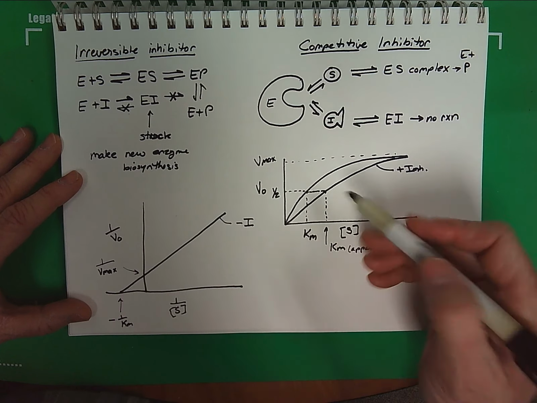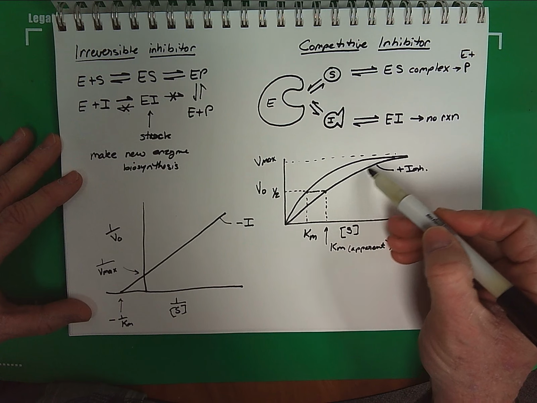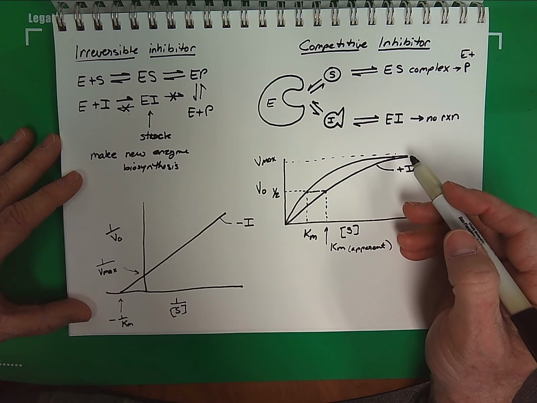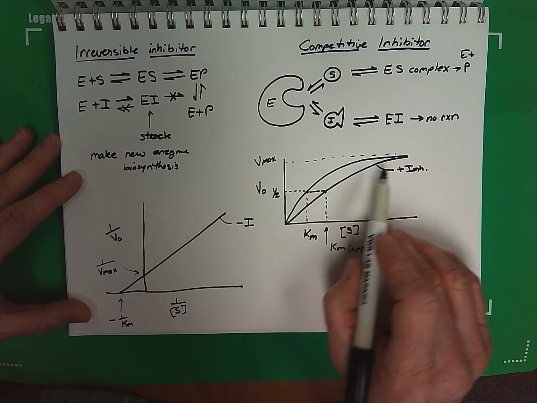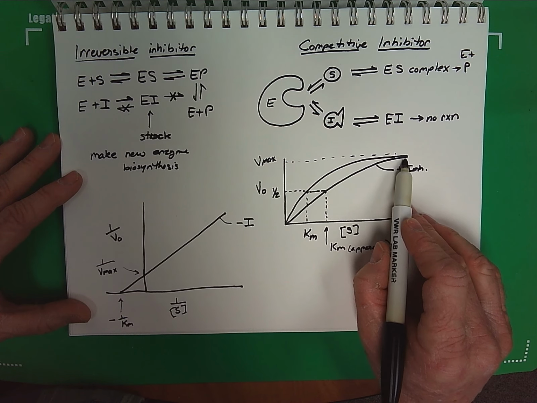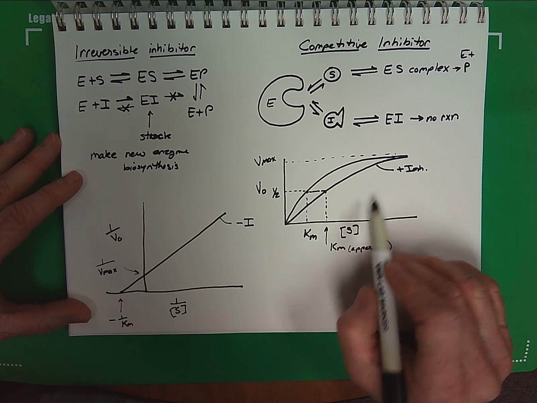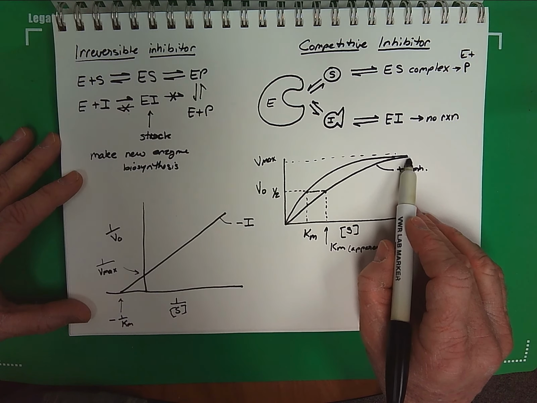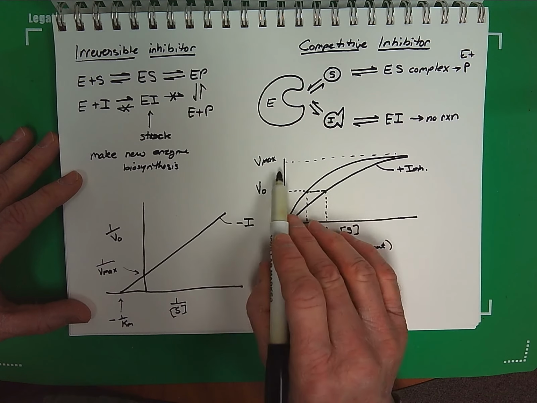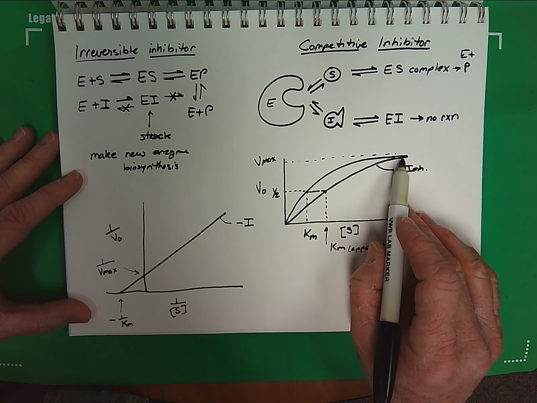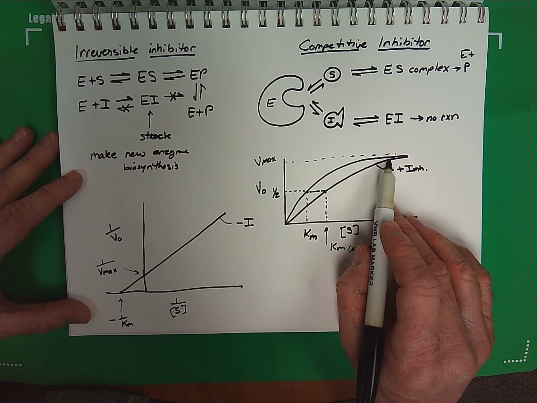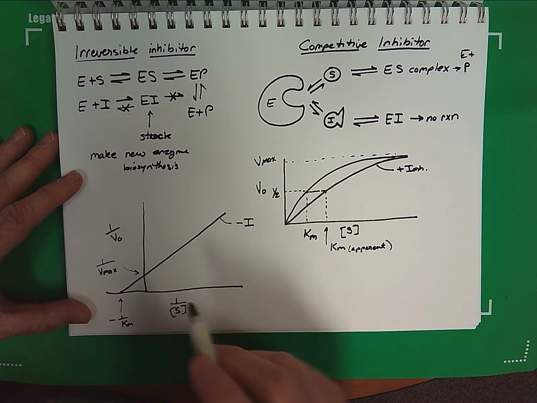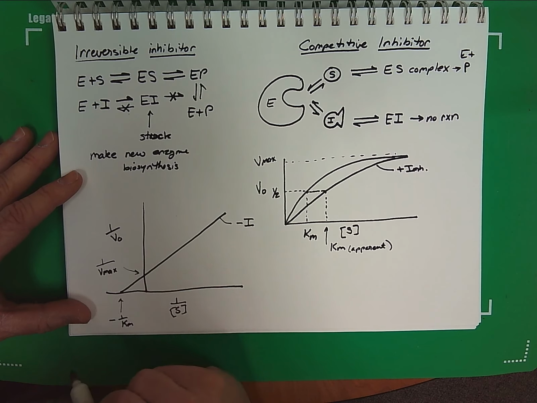Now if we do a double reciprocal plot on the curve here with inhibitor, this is going to look a little differently. Notice that with inhibitor, at high concentrations of substrate, we have no change in Vmax. So that means that the Vmax of the enzyme is the same. The maximum velocity of the enzyme is the same whether you have substrate alone or inhibitor. So that means that point will be the intersection.